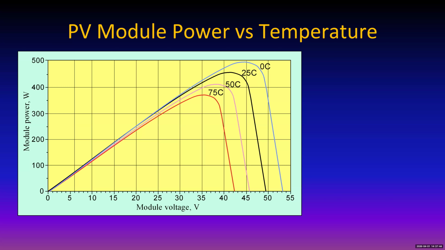It's more than likely going to be a maximum power point tracker. So your equipment specifications will say maximum input voltage 80 volts, 600 volts, 1,000 volts, 1,500 volts, whatever the voltage might be. It will have that specification.